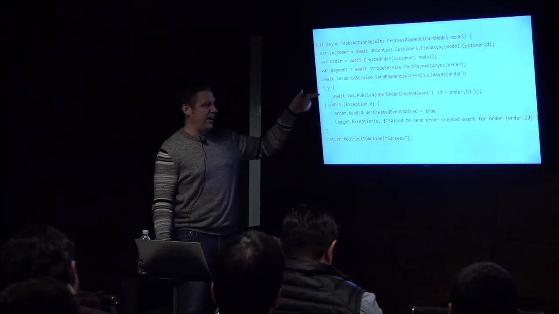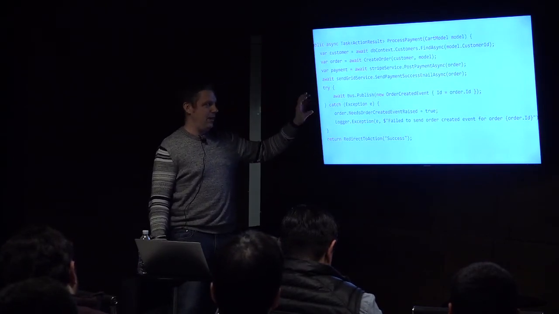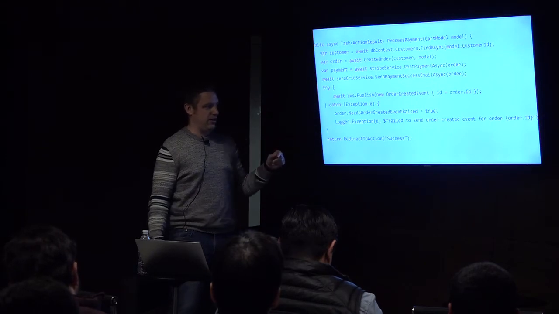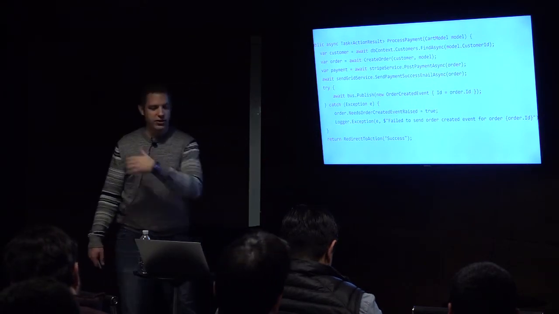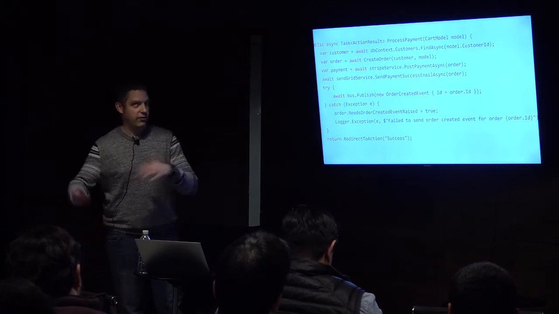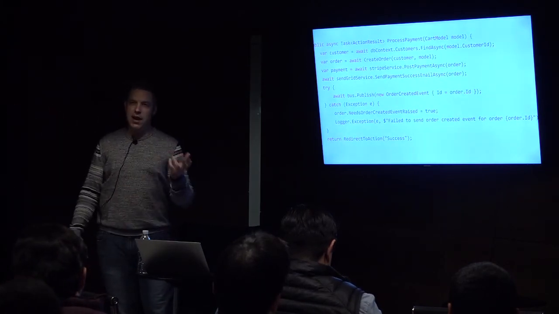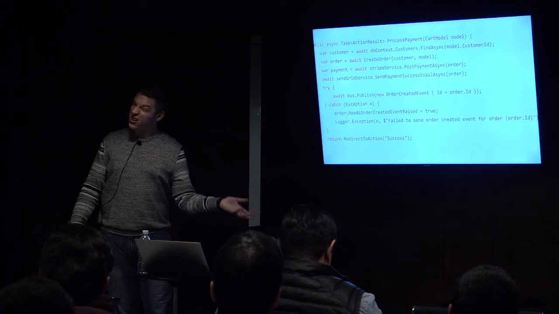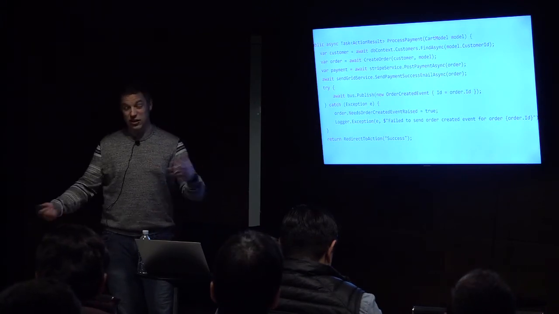So in this case, I can still have this be down, but I have some sort of recovery process that's able to look for orders that still need that event to be raised, and will recover from it eventually at night. Now, maybe the user gets their order a little bit later, but they still get their order.